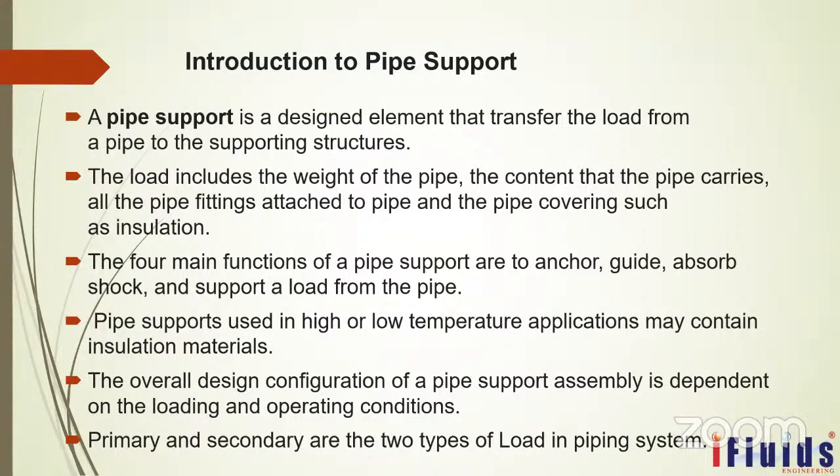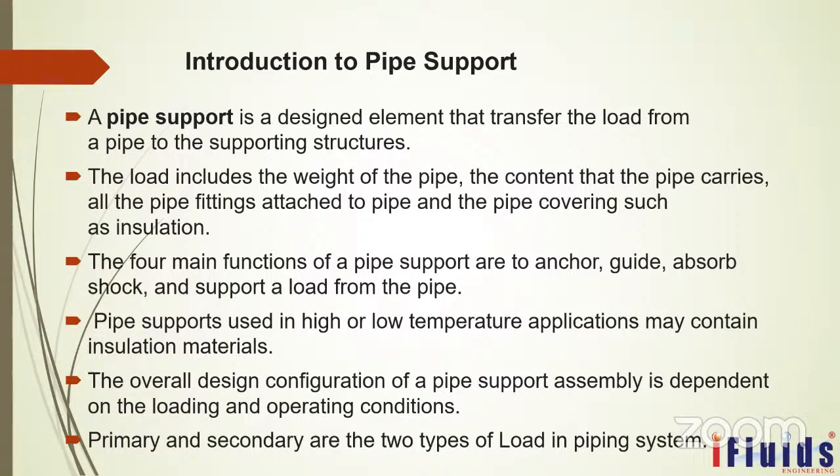And then pipe supports, which we are using in high or low temperature applications, may or may not contain insulation materials. Even if it is a low temperature service, there may be no insulation. If it is a high temperature, there will be insulation. That and all we need to consider while designing a pipe support.